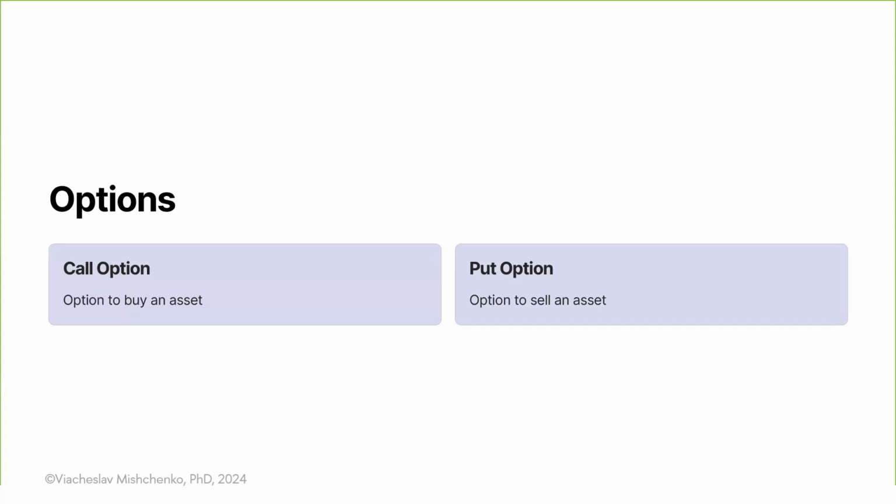For example, a call option may give you, if you're a buyer, the right, but not the obligation, to buy an asset at a certain price, which is usually called a strike price, by a certain date. But the put option is the opposite. So this is the right to sell without obligation as well.